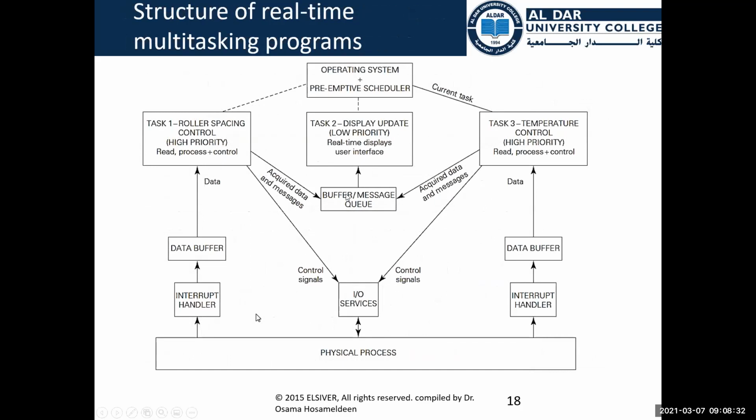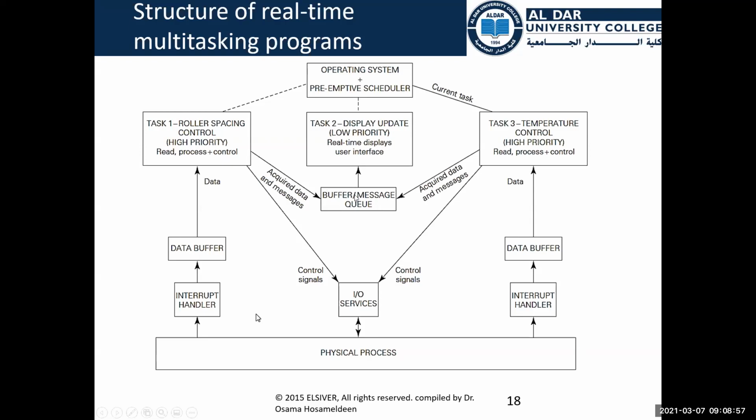Of course, here we will not have a problem, because this is just displaying data. But if there is no organization of accessing this resource, maybe the temperature data is overwriting the spacing data, and this is going to be a problem.